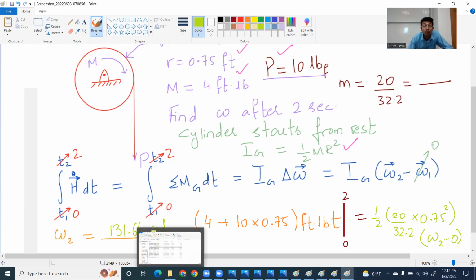We have enough time, by the way, so I will just switch to a whiteboard. The question says that I have 10 kilograms as the mass of this. This is my cylinder A, with radius 200 millimeter.